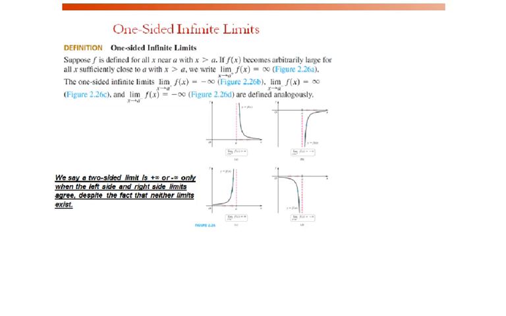Just as with finite limits, we still need to work with both left-sided limits and right-sided limits. By convention, if a left-sided limit equals a right-sided limit, and this is similar to a finite limit, then the infinite limit is said to equal plus or minus infinity.